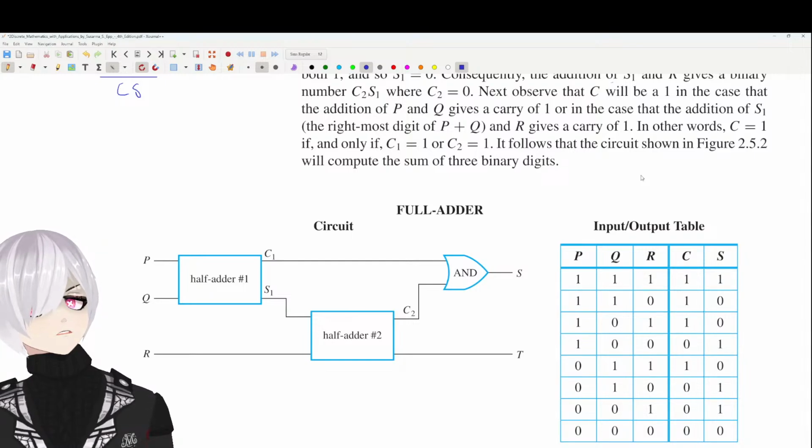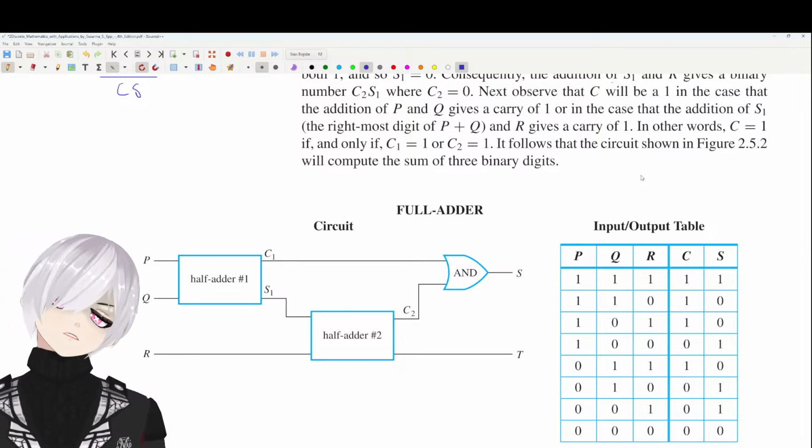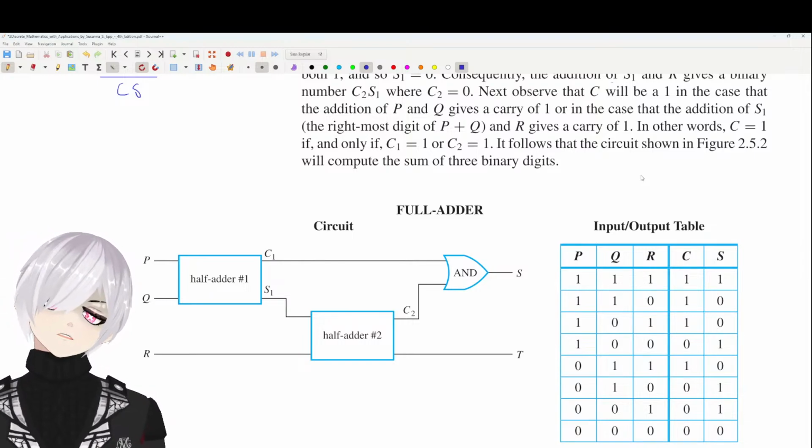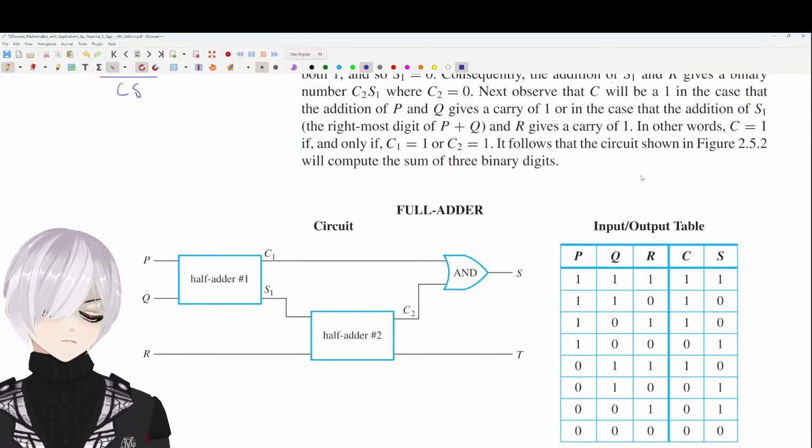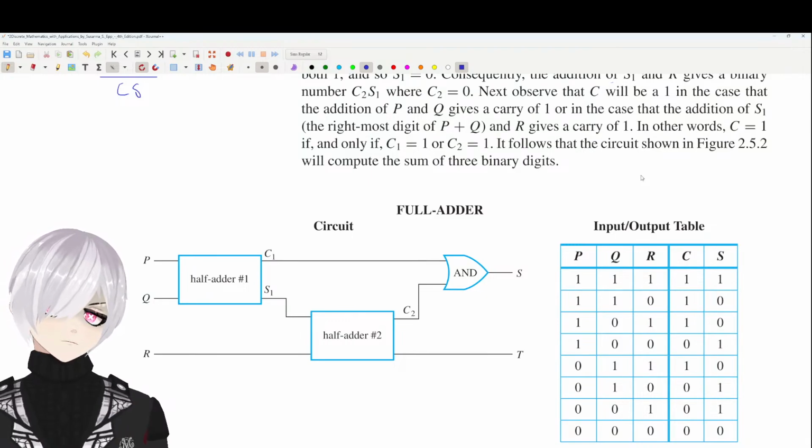I think I see where the AND gate is coming from, because our leftmost digit is going to be 1 just in the case where, oh wait, okay, so I think I see what they're doing.